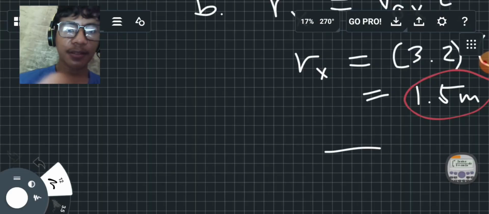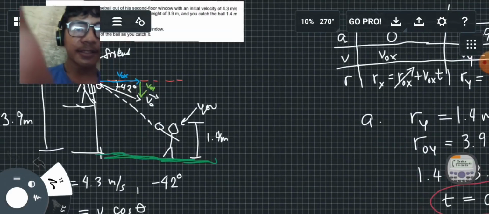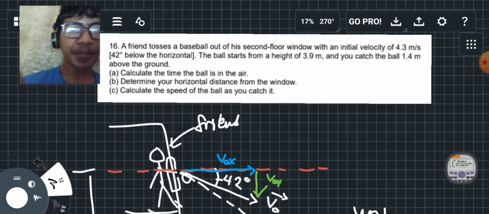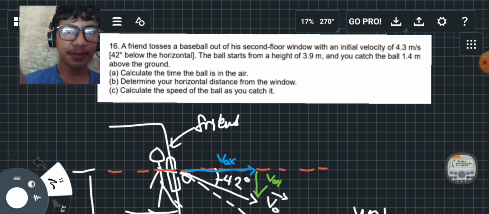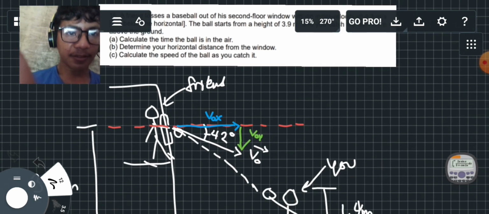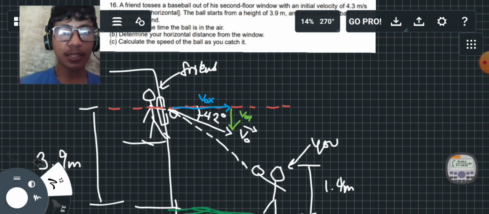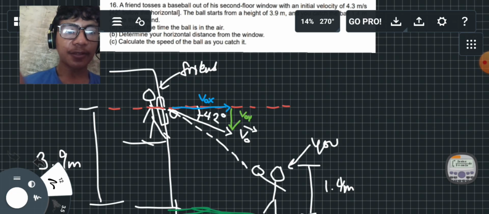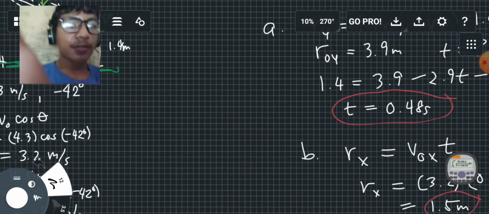Now let's do the final part, which is the speed of the ball as you catch it. In this context the speed is two dimensional, so we must have our x and y components.